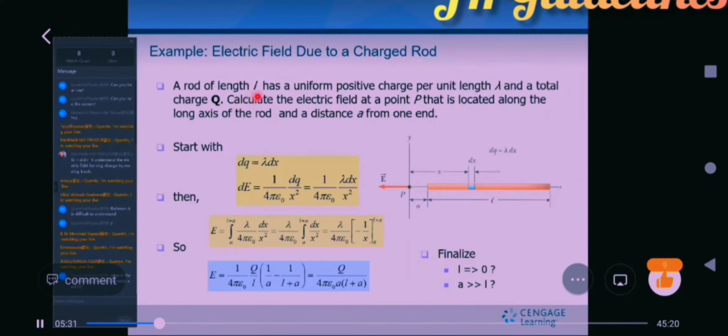A rod of length L has a uniform positive charge per unit length lambda and a total charge Q. Send me the text answer. Let me make sure everybody understands the question. Send me the answer through text.